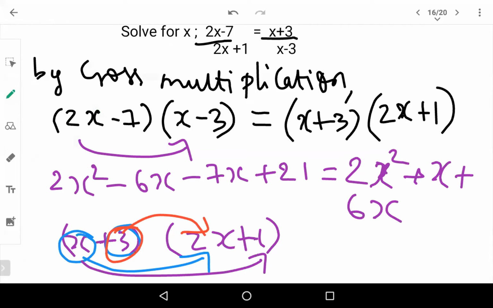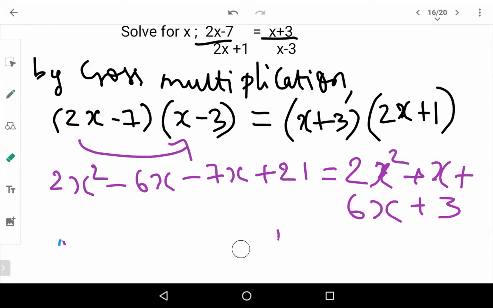And lastly, 3 into 1 is plus 3. So this is my step number 2. Everybody understood until here? Anybody has doubt?